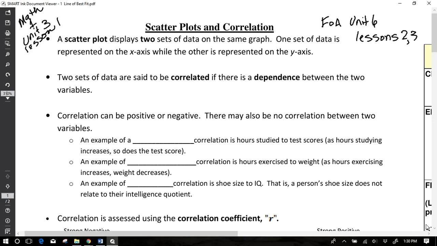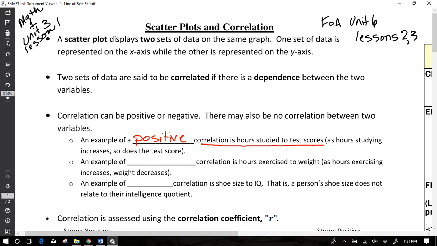A correlation can be positive or negative, or there can also be no correlation at all. So an example of a positive correlation is 2 hours studied and then your test score that you would receive.